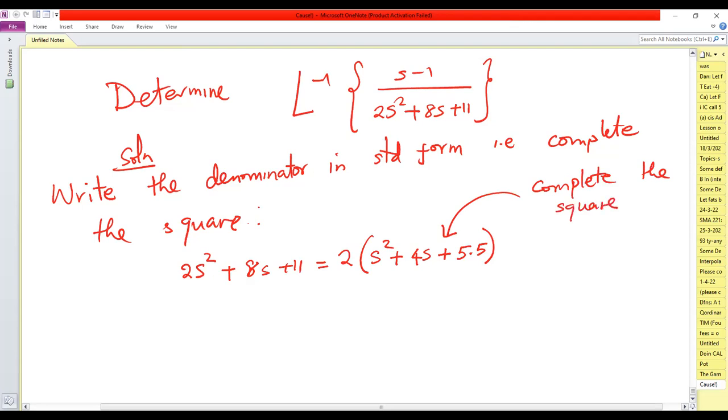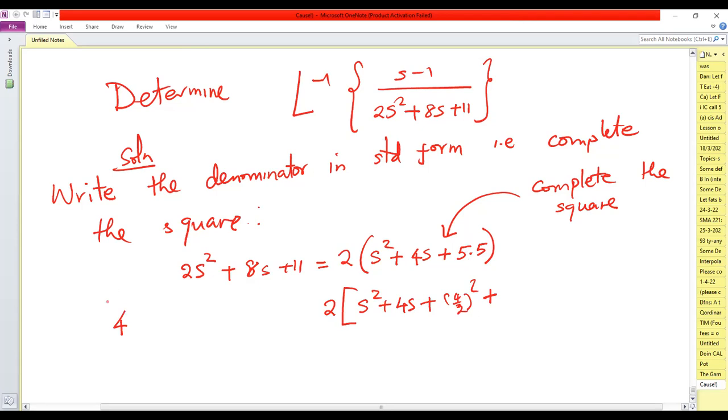Now, b is 4, so this will be 2 into s squared plus 4s, plus (b over 2) squared, which is (4 over 2) squared. So 4 over 2 squared is 4, and the original constant was 5.5.